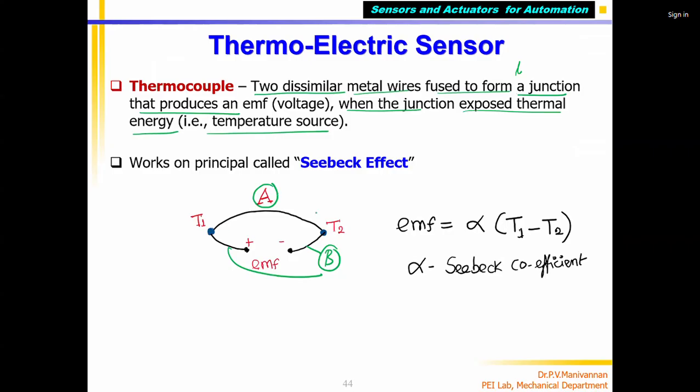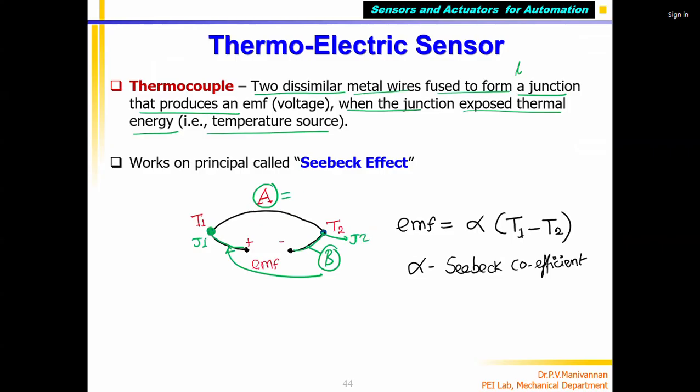Now I form two junctions. What I did: this is B material, a small piece, and this is another piece, and the A material is the longer one. I joined them by melting, not just twisting. Twisting is this one; instead, heat it, melt it, form a junction. This I call junction 1, and this I call junction 2.